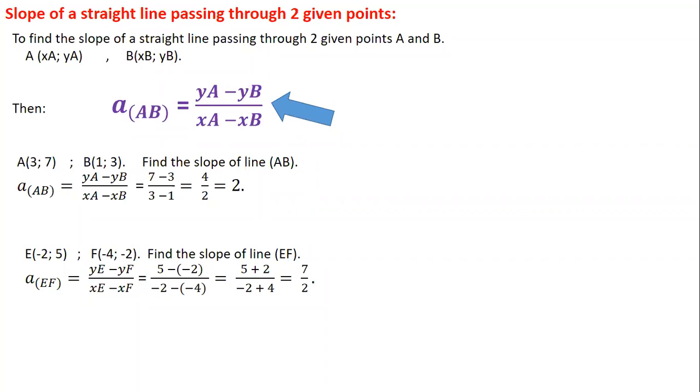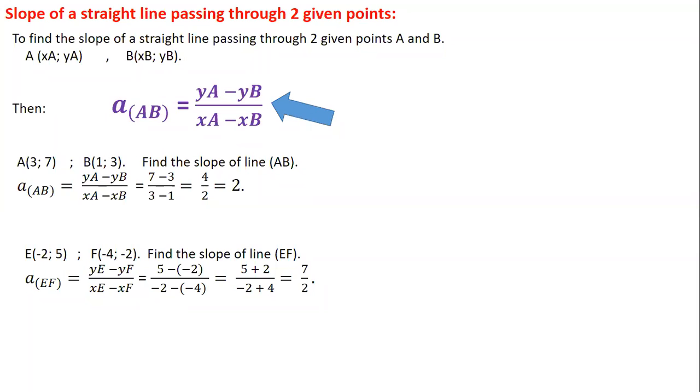Now in this slide, Reem, please read the red line. Slope of a straight line passing through 2 given points. So if we have a straight line passing through 2 given points, I will give you the points, and I ask you to find the slope. Reem, read, please.